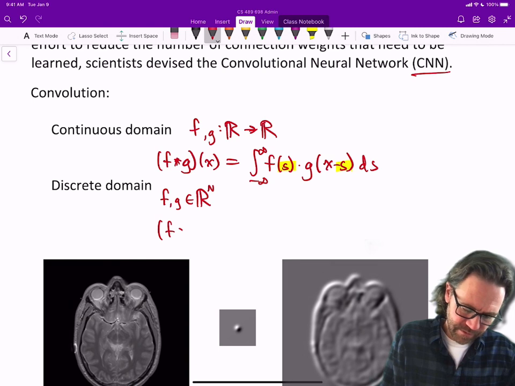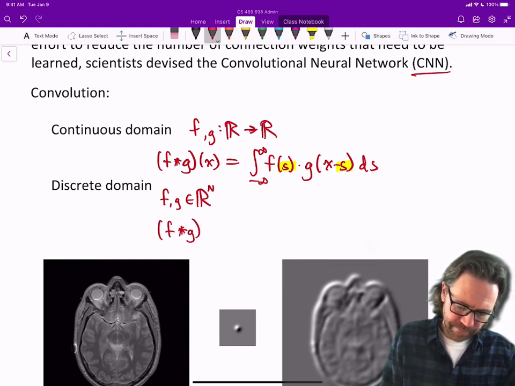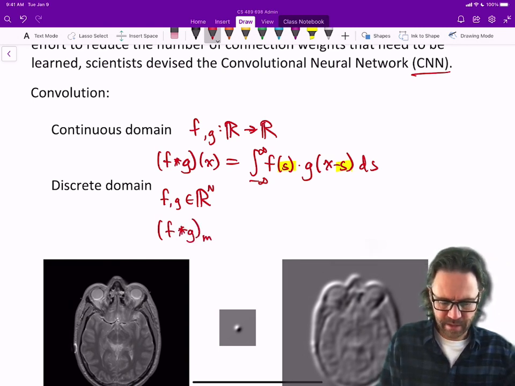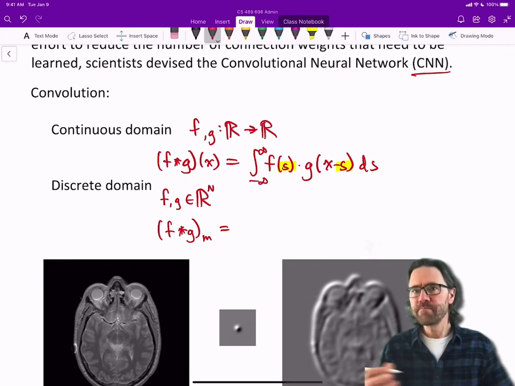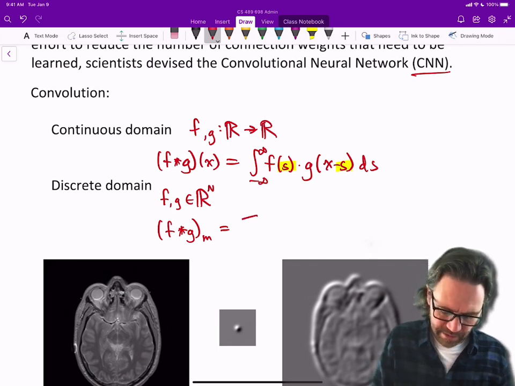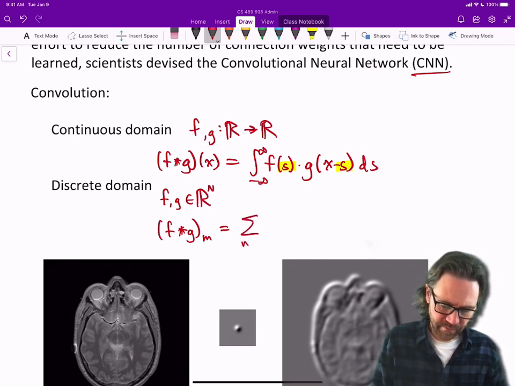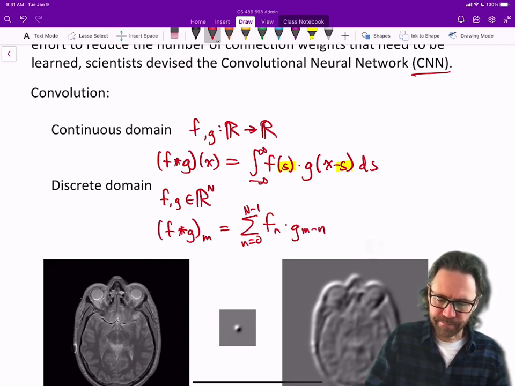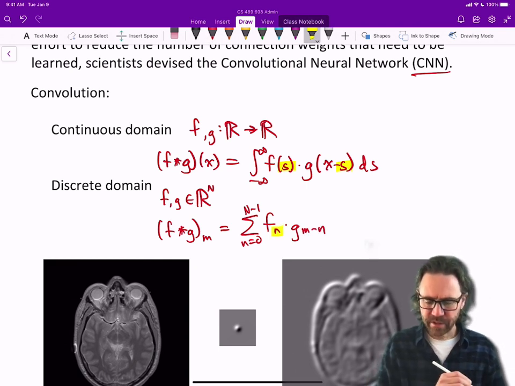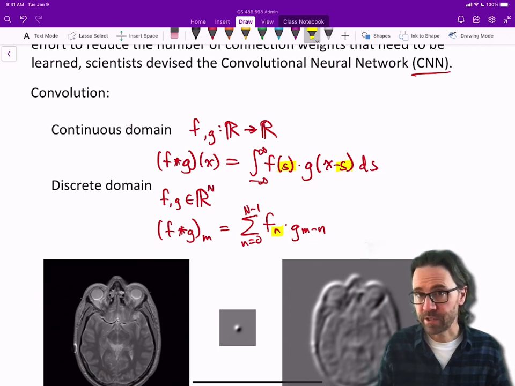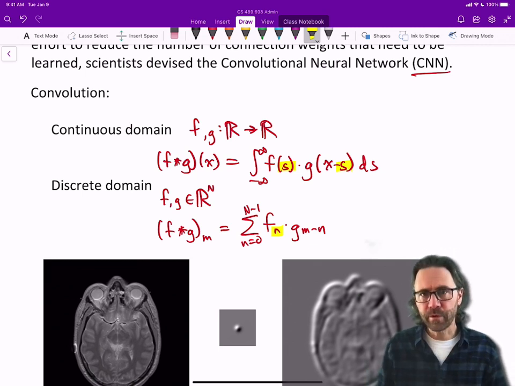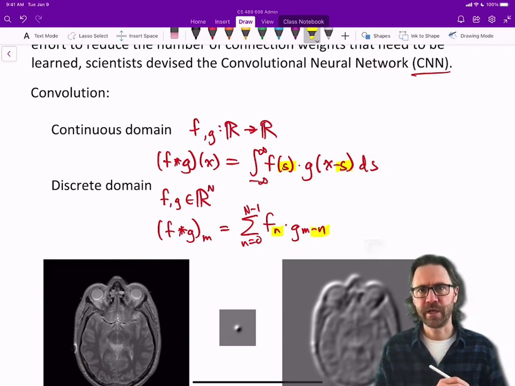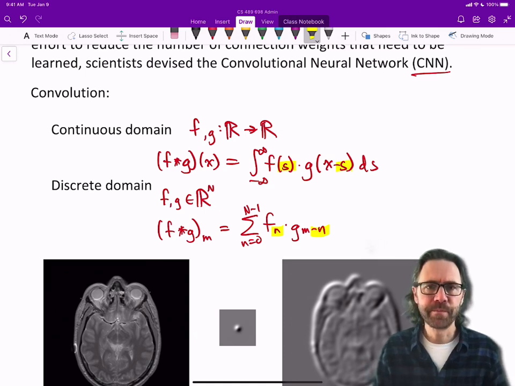And so f star g, which will be indexed because it'll be a discrete output as well, is a sum from n equals 0 to n minus 1 of f sub n times g of m minus n. So again, we traverse the spatial index, if you like, forward in one and backwards in the other one, but it's not a huge deal.